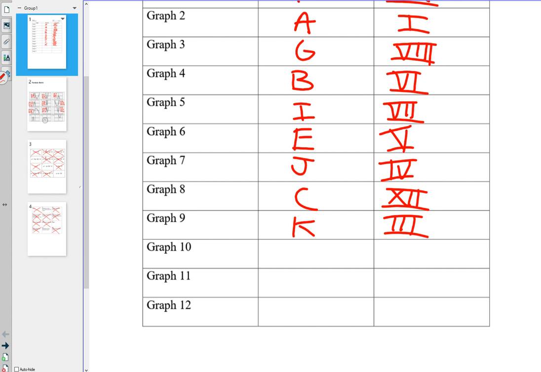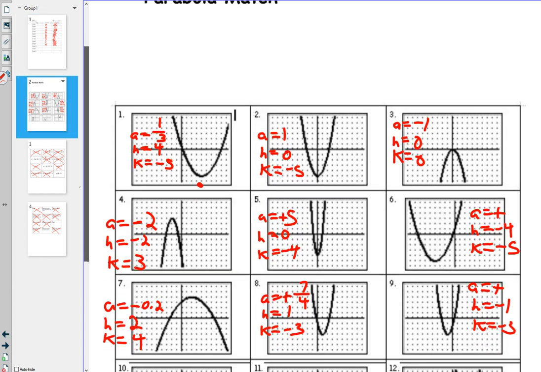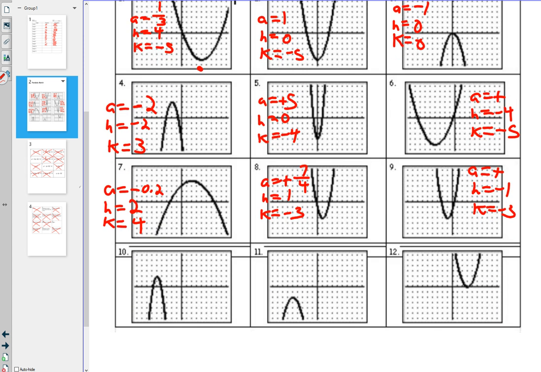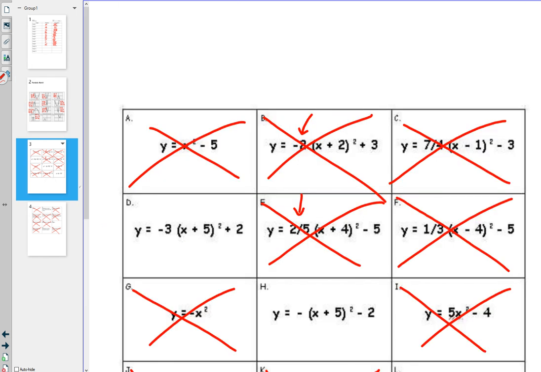K number 10. Here H is negative 1, equals 5, K is 2, and we know that A is negative. Looks like it might be skinnier, but so we're going to go with, what is it, D. Okay, you say D, we went up.